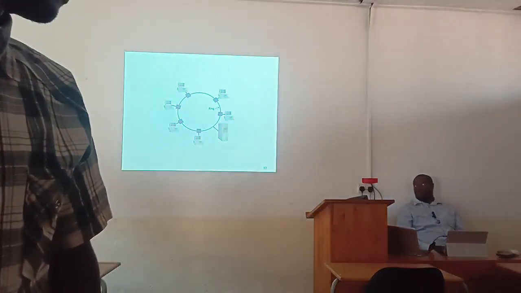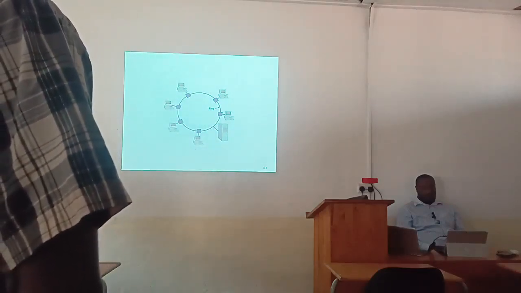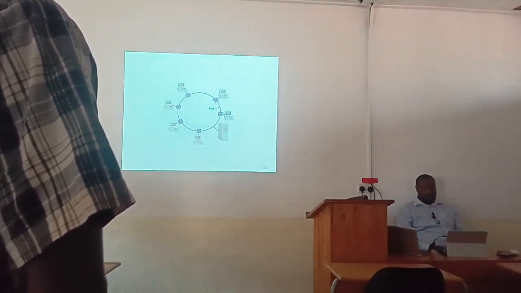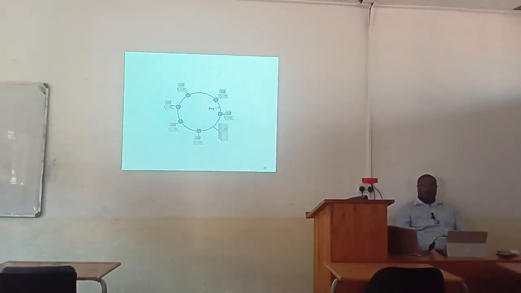What are the advantages of using this type of topology, as compared to the bus topology? I think it can be easy to identify faults. Yes, how? Because if you have a fault, the whole system.